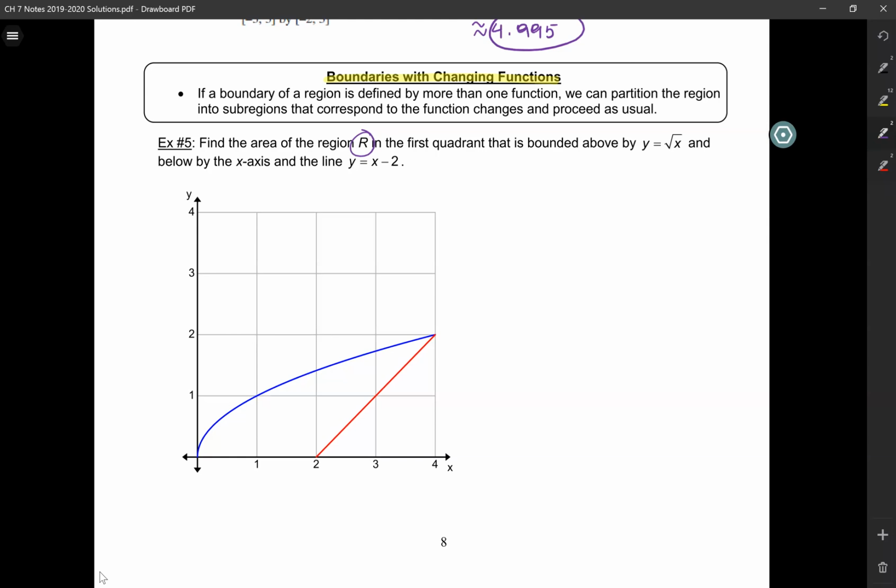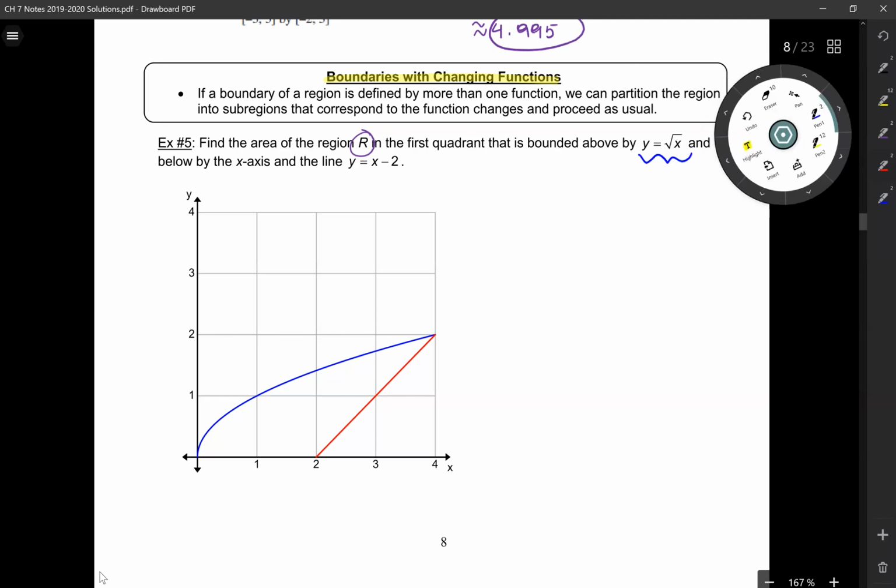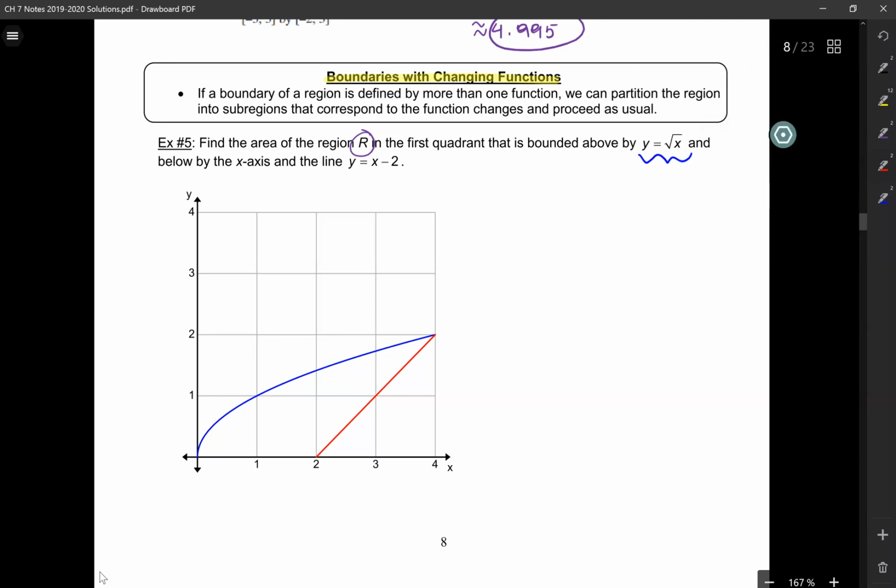So, you need to find the area of the region R in the first quadrant that is bounded above by y equals root x, and below by the x-axis and the line y equals x minus 2.